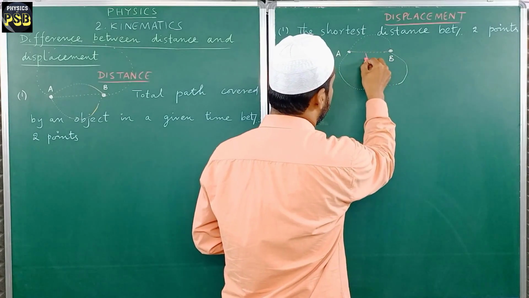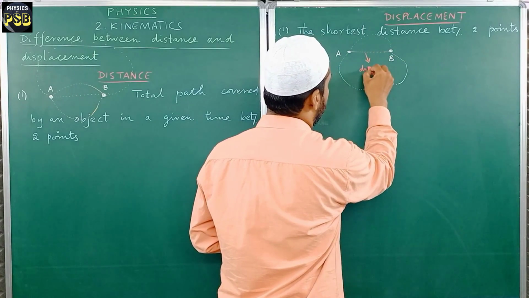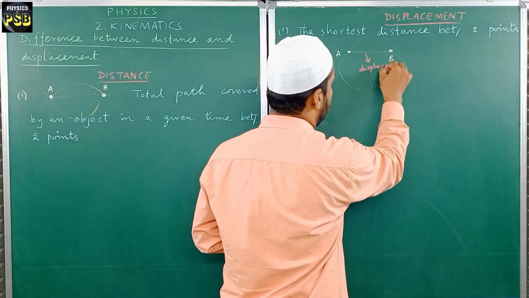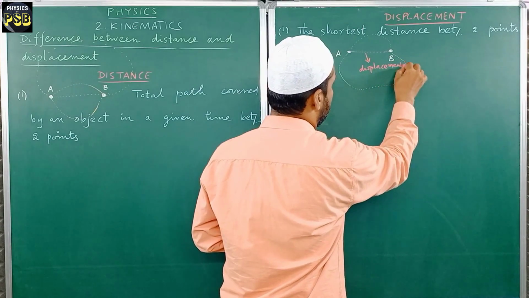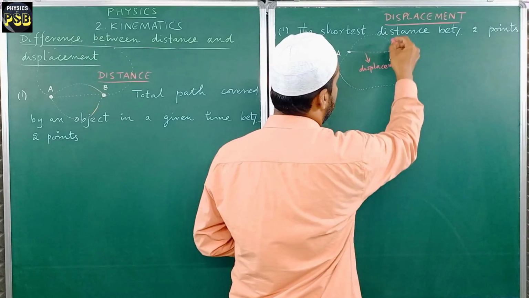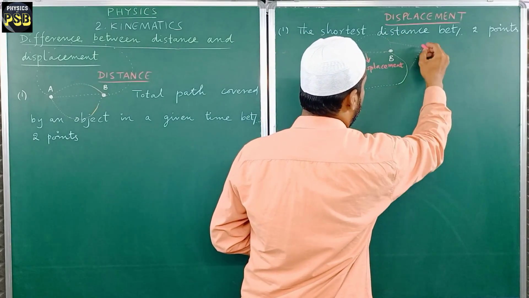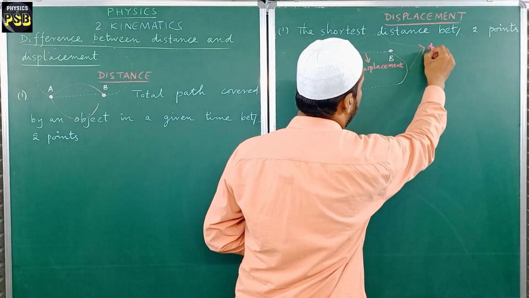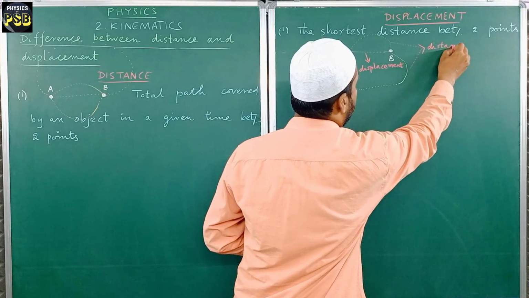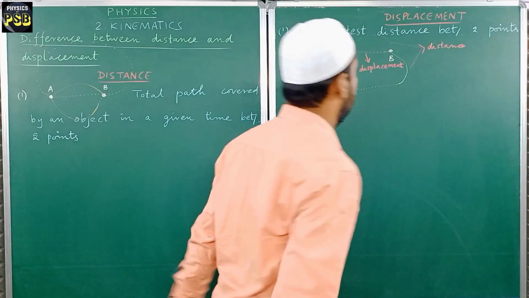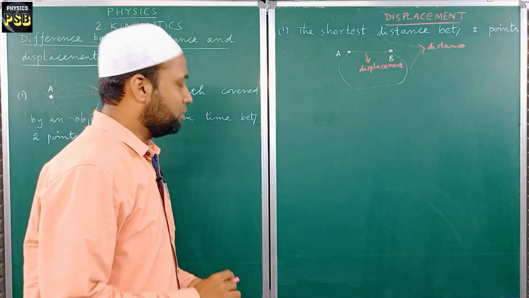The short path is referred as displacement, whereas all other things, this one and this one, all this refer to distance. Okay, I hope you have understood.